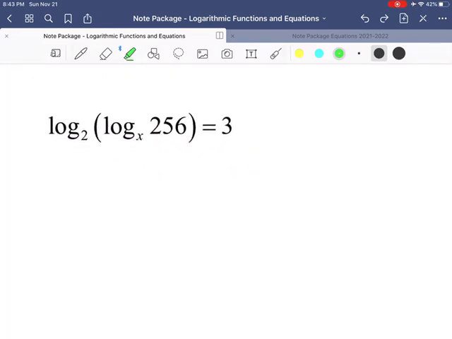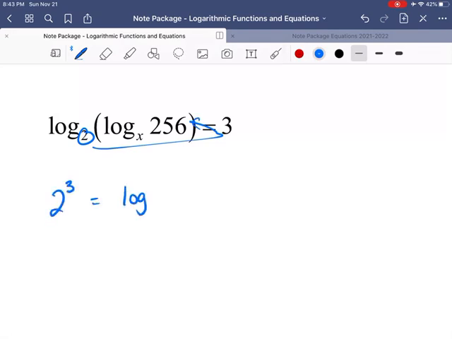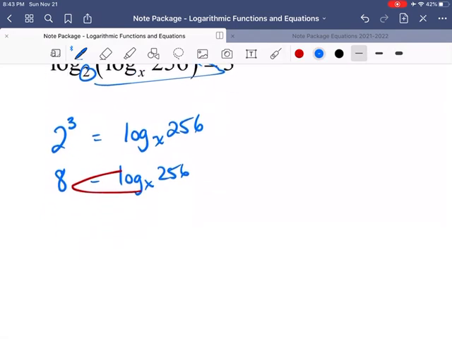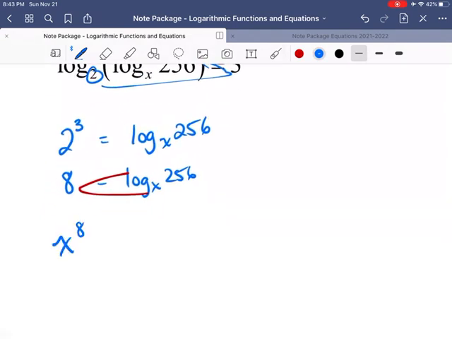Okay, a log within a log, interesting. So the first thing here, we're going to take 2 cubed is log base x of 256. All right, and so then we get 8 is equal to log base x of 256. And then we can actually apply it once more, where we get x to the 8 is equal to 256.